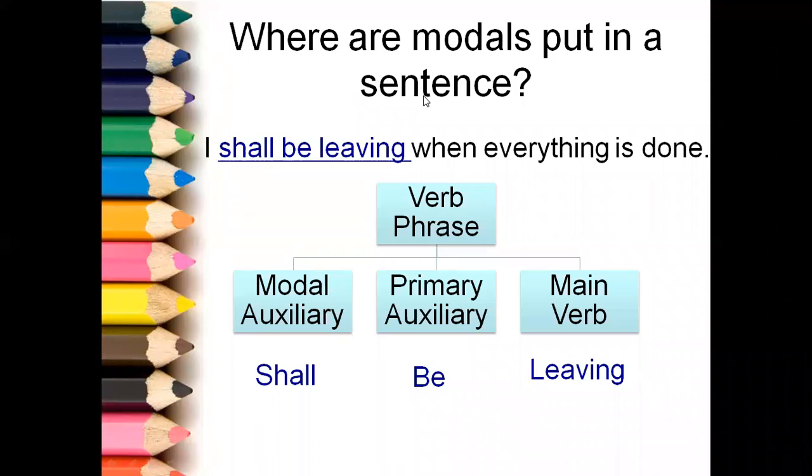So the verb phrase "shall be leaving" is divided into three parts: shall is the modal auxiliary, be is the primary auxiliary, and the main verb in the phrase is leave, which is leaving here. It is "I shall be leaving when everything is done." It's talking about the future.